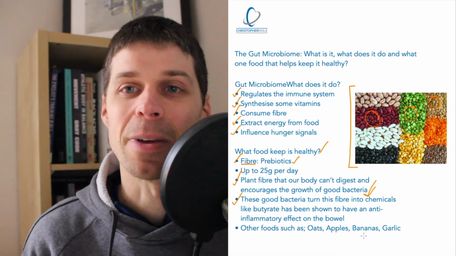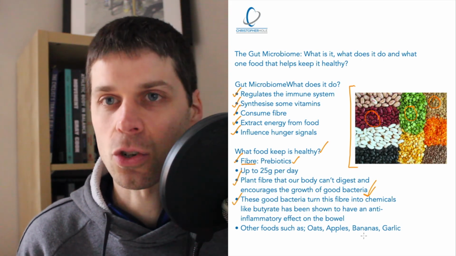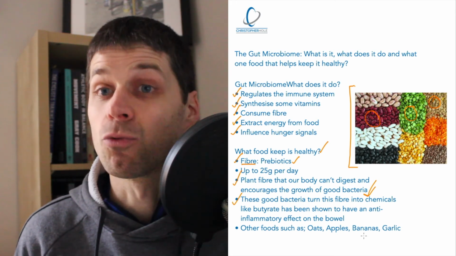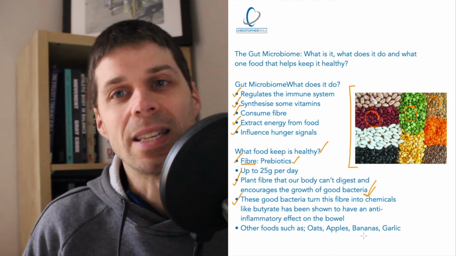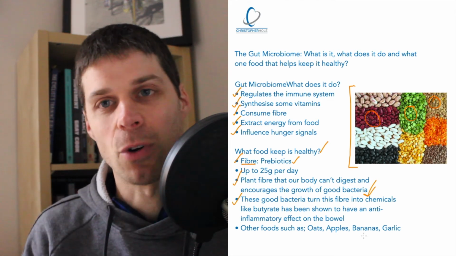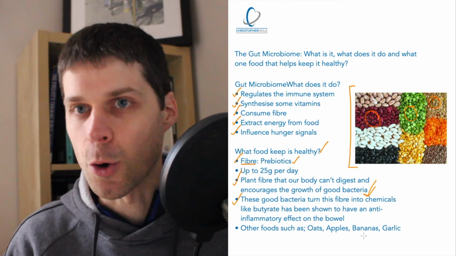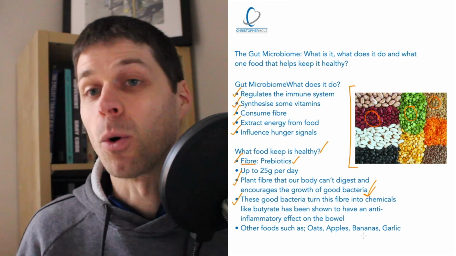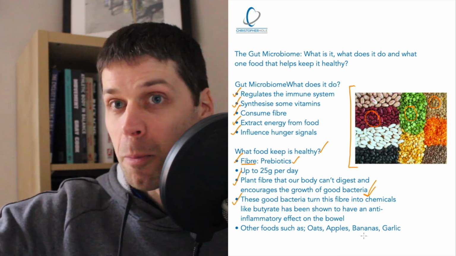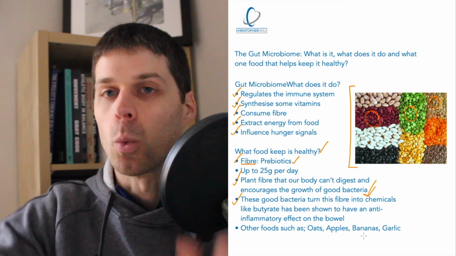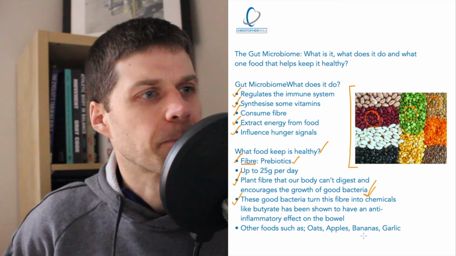So again, it's keeping that healthy, it's keeping that strong, and it's keeping it in the right balance, because with regards to good and bad bacteria, we want them in the right proportions and the right balance. We don't want all good and no bad, because that's ill health again. We want them in the right balance.